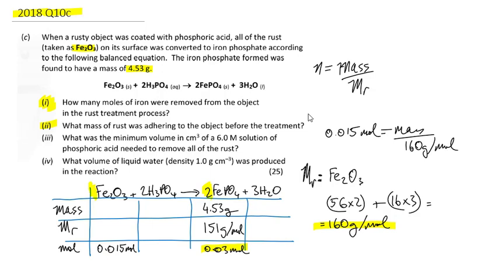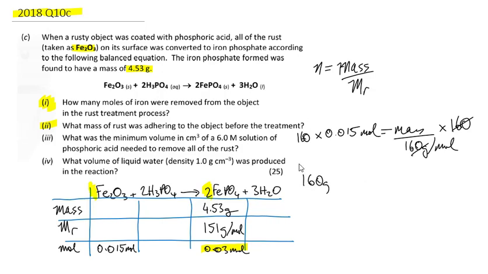And now to get the mass, we'll multiply both sides by 160. And they cancel there. So 160 by 0.015 equals 2.4 grams.